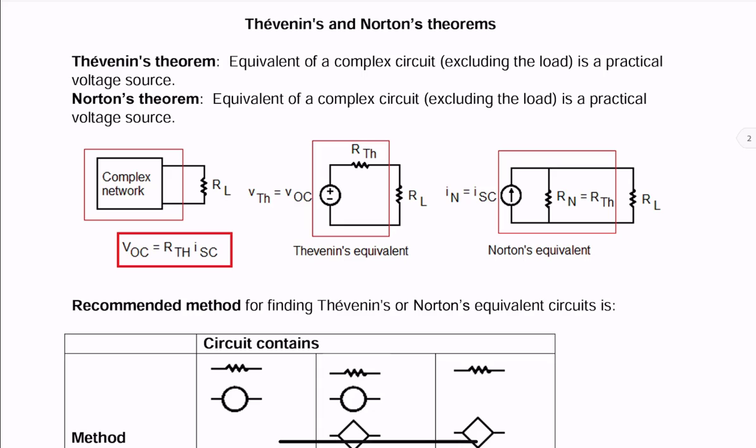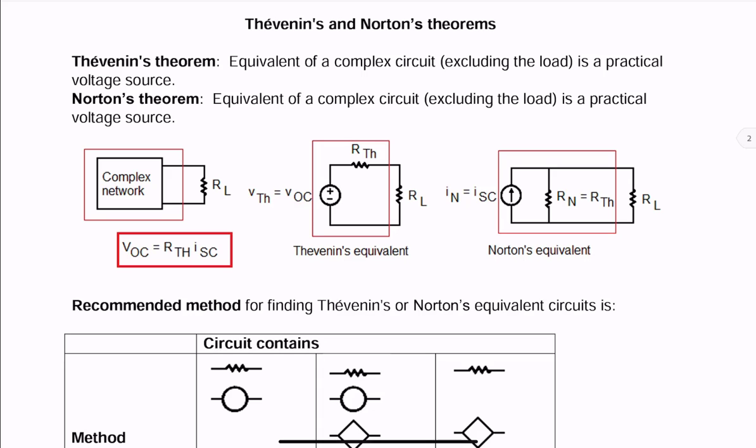The complex network, boxed in red, can be simplified into a practical voltage source with open circuit voltage, or Thevenin, and RTh. That's Thevenin's equivalent. It could be simplified into a practical current source, Norton, I prefer short circuit, and Rn, which is same as RTh.